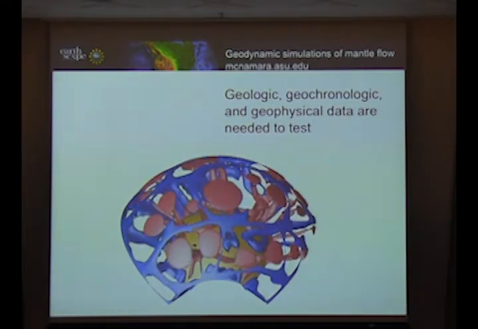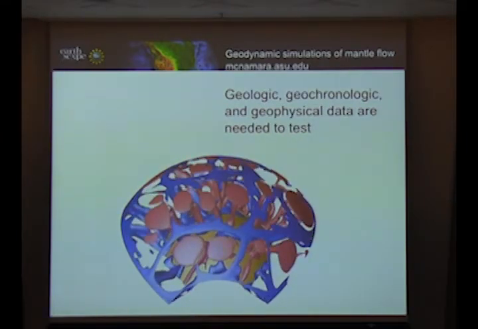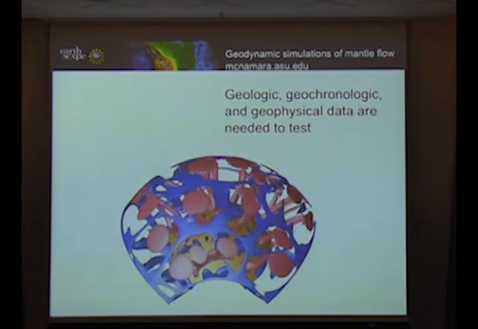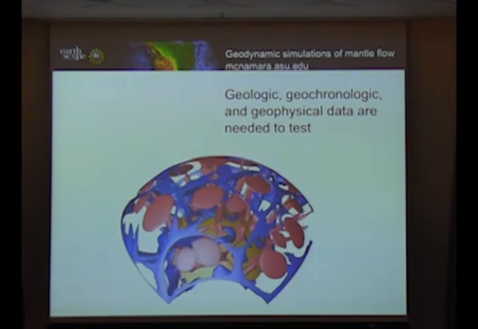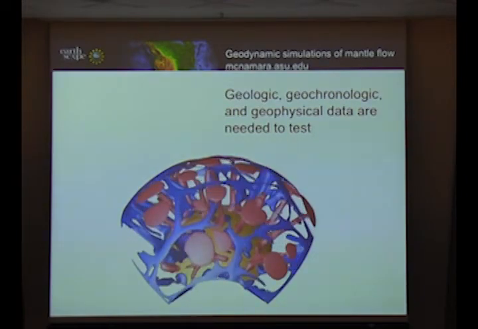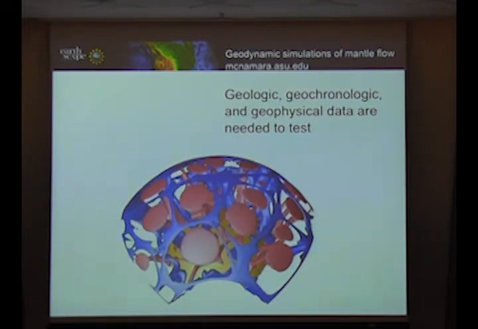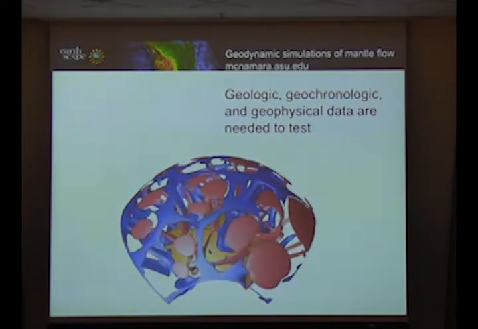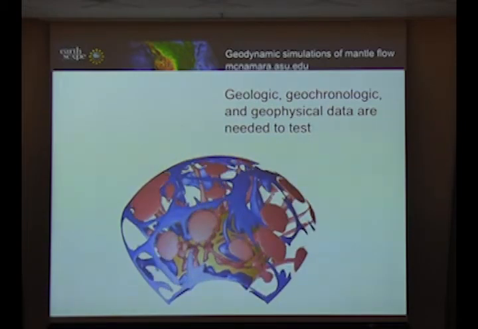But clearly there's an interaction between the lithosphere and the asthenosphere, and we need to examine that. These kinds of models are really powerful for building intuition, but they have to have data to constrain them, right? So that's where we need geologic, geochronologic, and geophysical data.